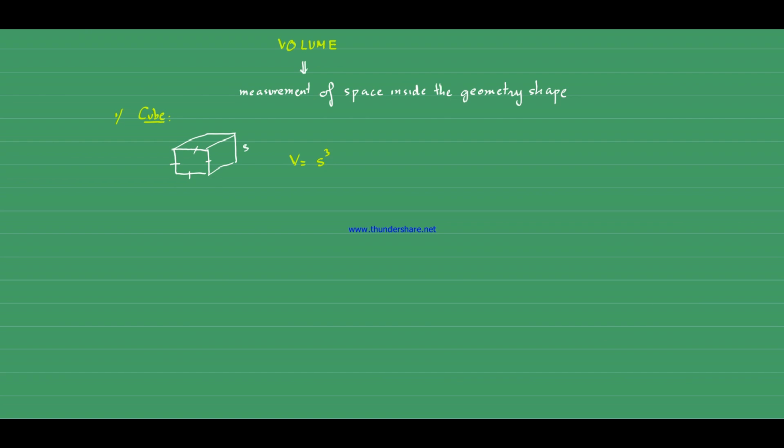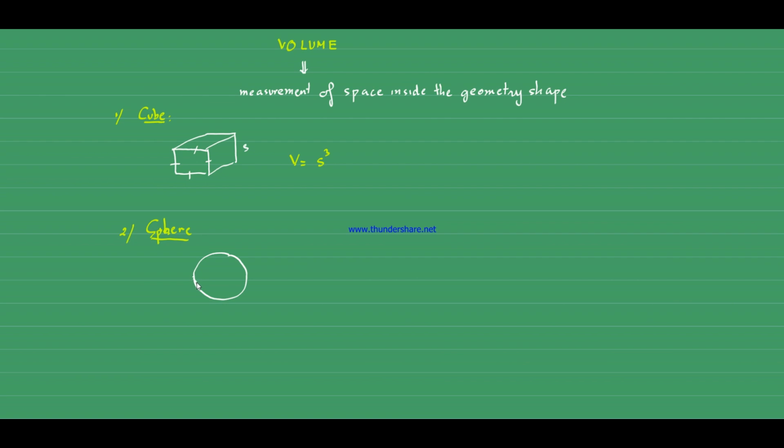Okay, so that's the cube, and the second one is the sphere. A sphere is a ball, having the shape of a ball. So the sphere looks like this.